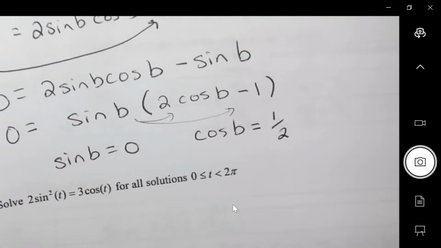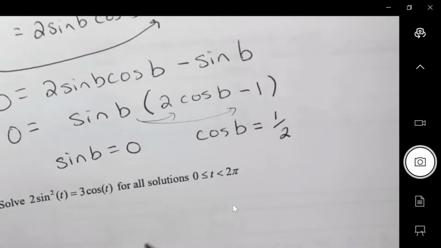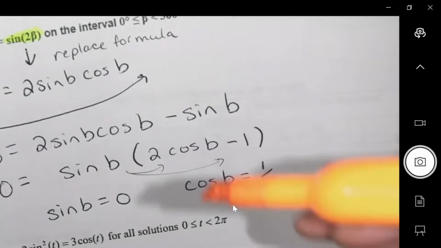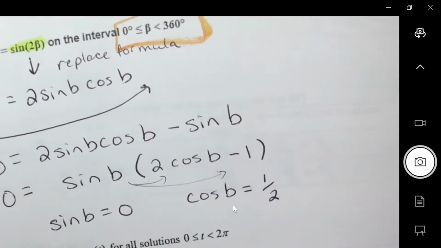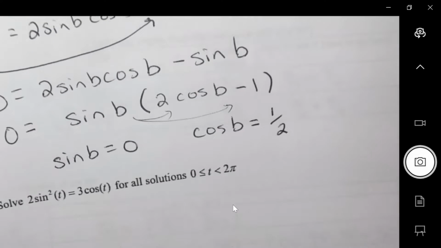Now we're going to find the actual angle that does that. And we don't even have to use our calculator. We can do all this with the unit circle. Can you think about where this happens and this happens? And the question says to talk about it in degrees.